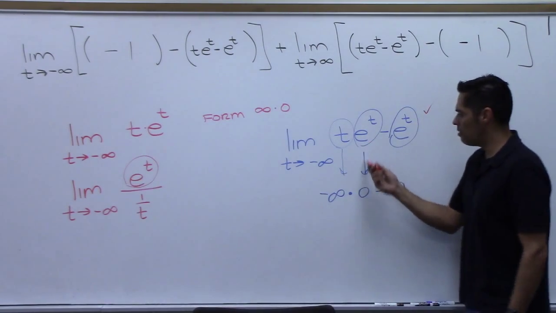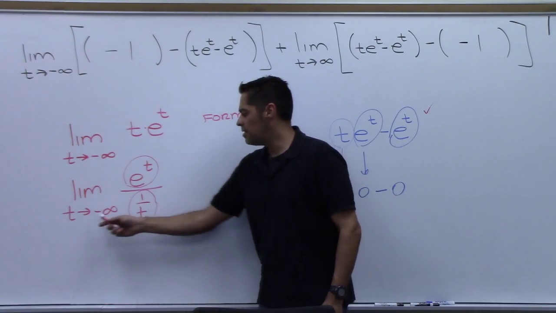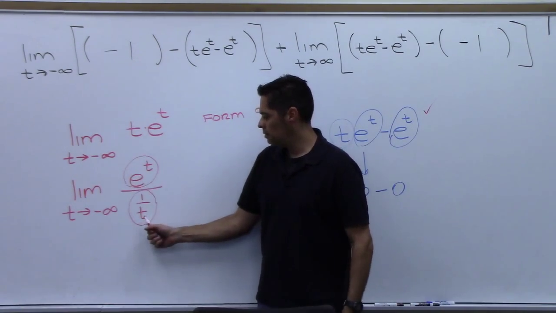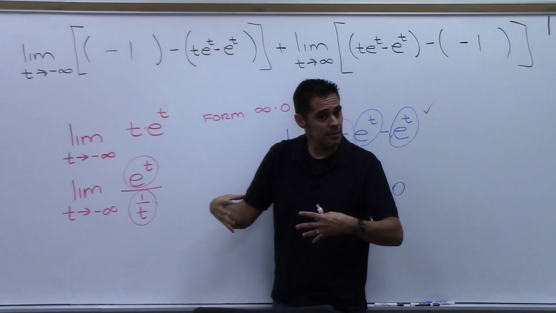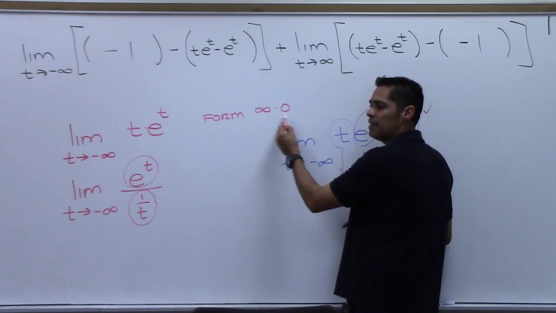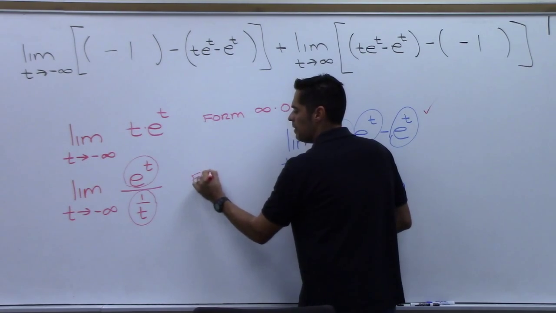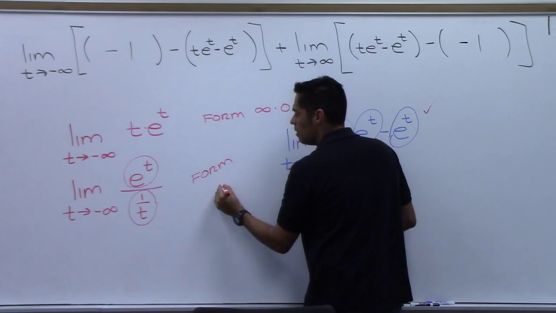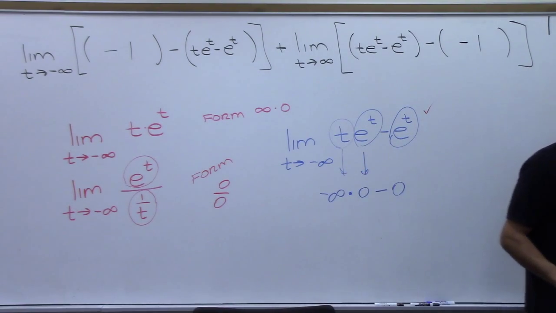And what does 1 over t go to as t gets really, really big negative? 1 over a really, really big negative number is going to go to 0. So now instead of looking like infinity times 0, we actually have something that looks like 0 over 0. And that's what you need in order to use L'Hopital's rule.